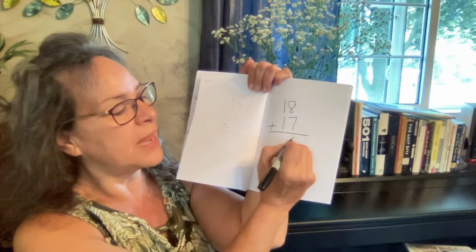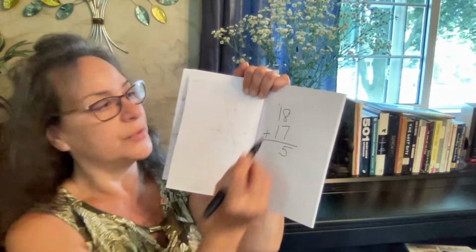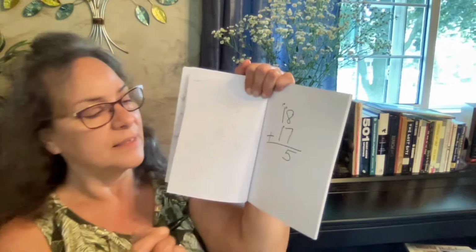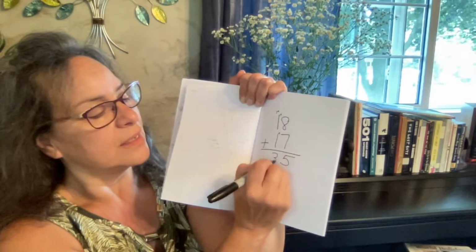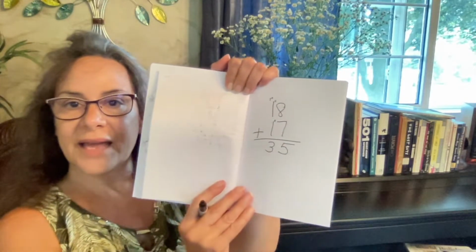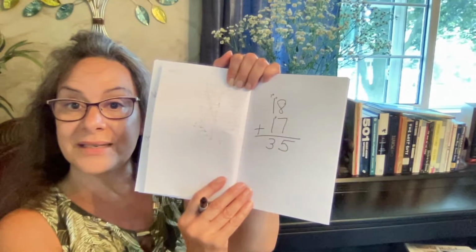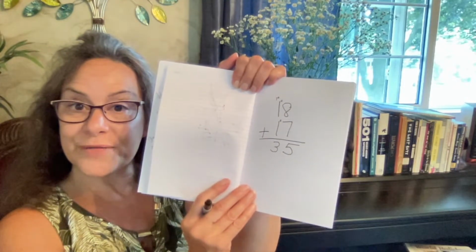Write down the 5 and carry the tens over here. So this is a 10, this is a 10, and this is a 10. 10, 20, 30, 5. 18 plus 17 equals 35.